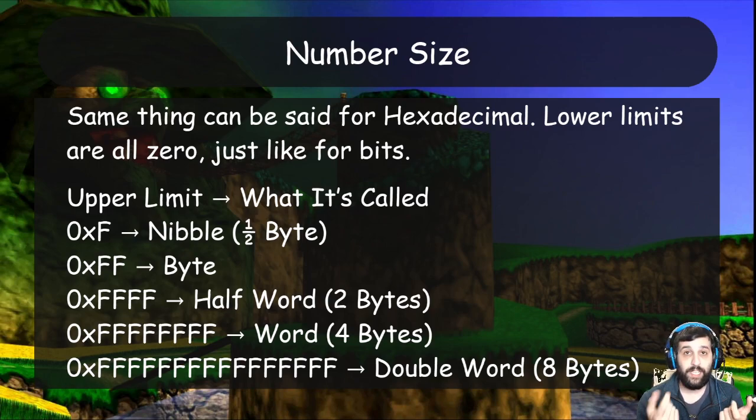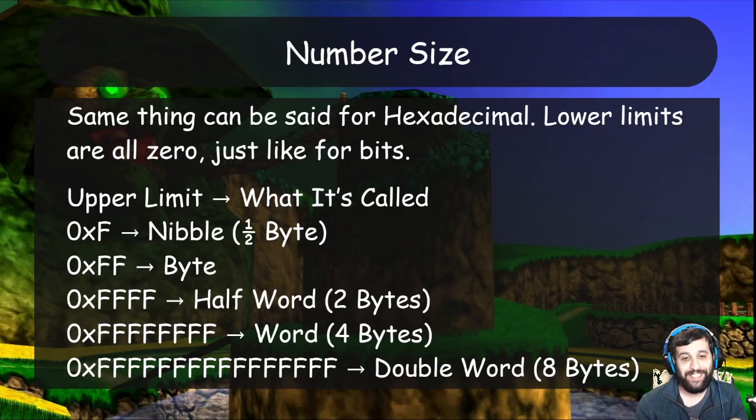A half word is 2 bytes, so FFFF. A word is 4 bytes. And you'll more likely see words written in hex than you will in binary, just because of how big it gets in binary. So FFFFFFFF is a word, and I'm not gonna even say how many Fs there are, but all those 16 Fs, my bad, is a double word.